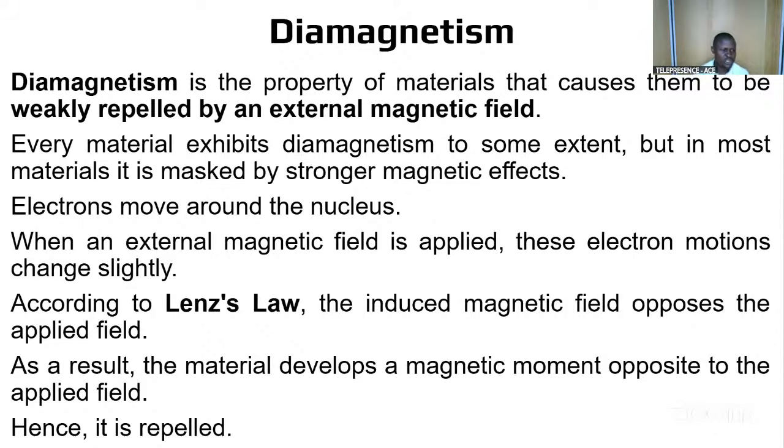Now let's continue. Every material exhibits diamagnetism to some extent, but in most materials it is masked by stronger magnetic effects. We look at the arrangement of electrons in diamagnetic materials. The electrons revolve around the nucleus. When an external magnetic field is applied, these electron motions change slightly.